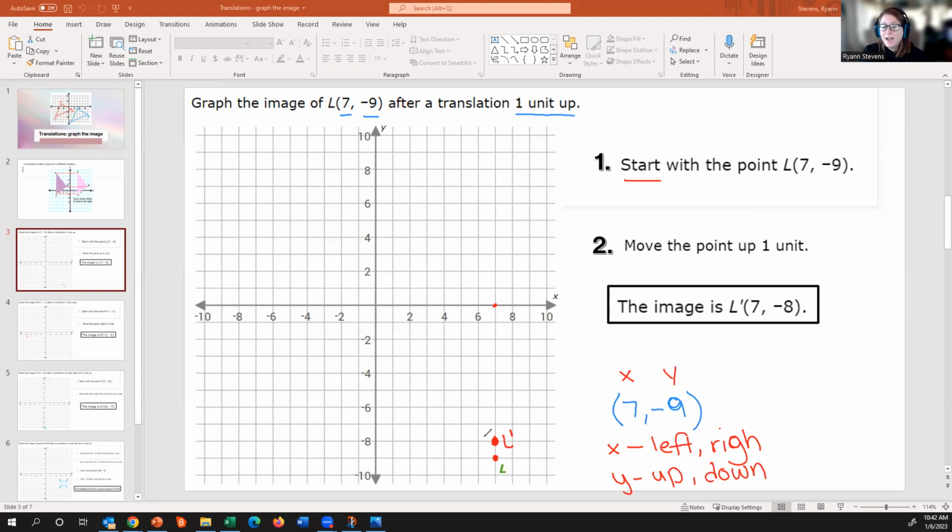When we look at the ordered pair for this one, again, we're going over 7 places, but instead of going down to -9, we're only going down to -8. So our image would be at 7, -8.